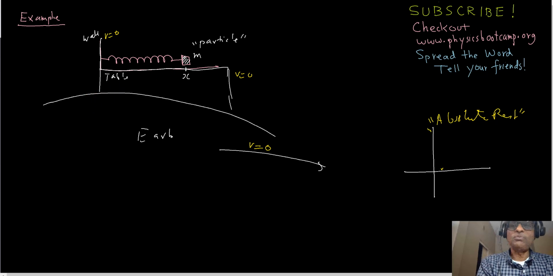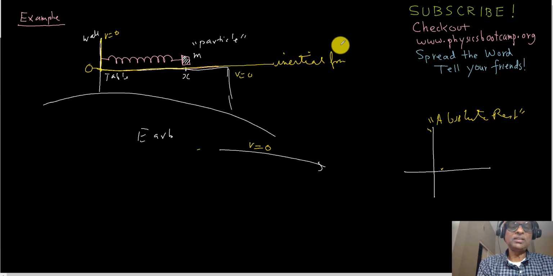So I will use a frame like this. This is O, so this is an inertial frame. Okay, so this is at some time t. The spring's length at this time, of course, is changing with time t.